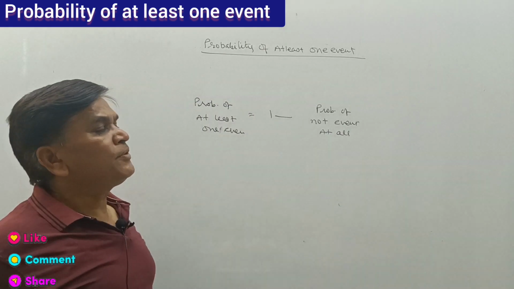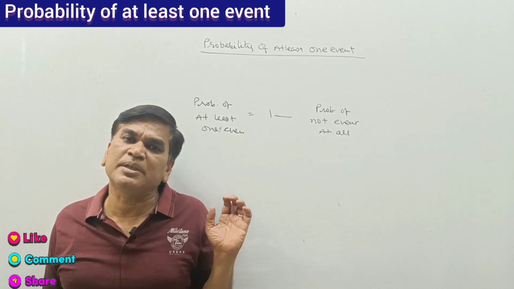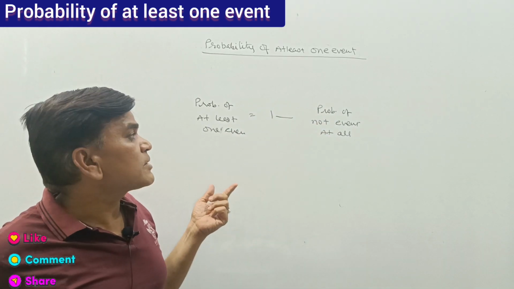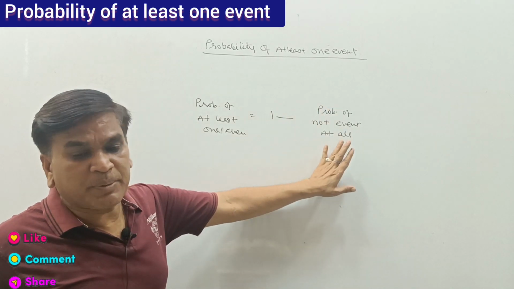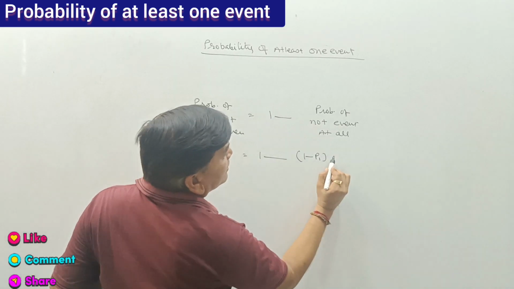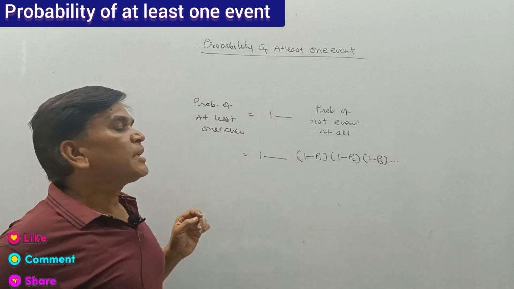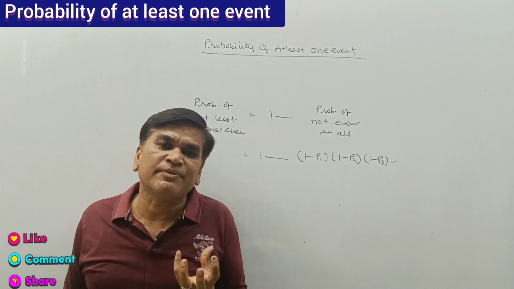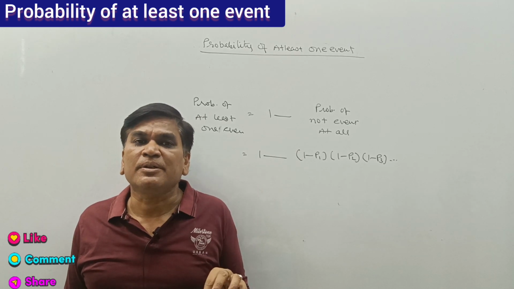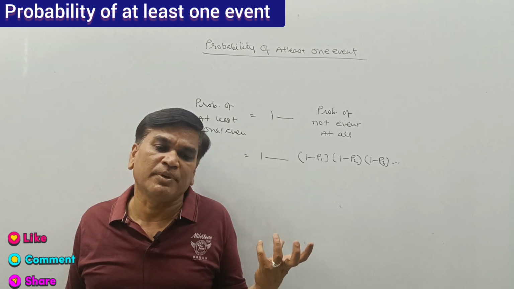It means if we want to calculate the probability of at least one event, then we have to subtract from 1 the probability of no event at all, like 1 minus P1, 1 minus P2, 1 minus P3, etc. For getting the probability of at least one event, firstly we calculate the probability of no event at all, and then we subtract this from 1 and we get the probability of at least one event.